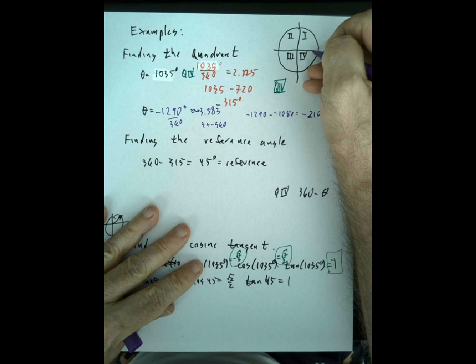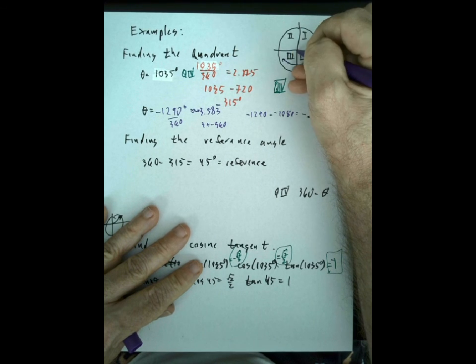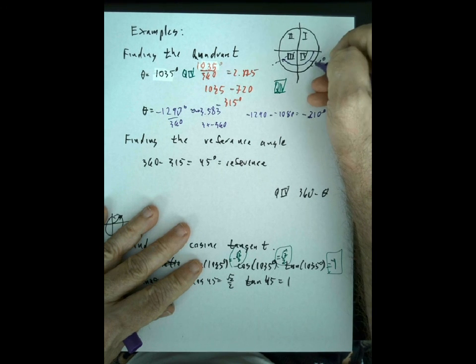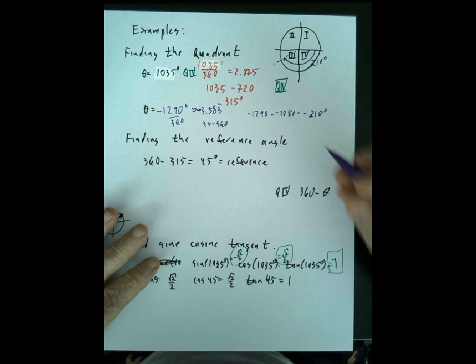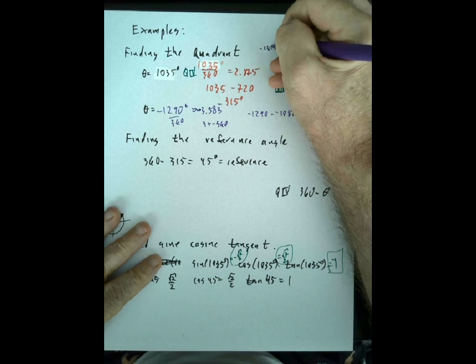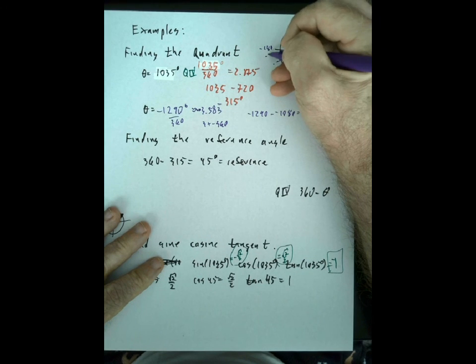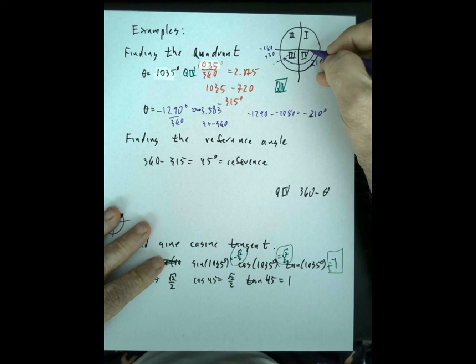Well, that's 210 degrees this way, you understand. That's 210 backwards. And you can visualize that that would be negative 180, and so maybe you can see that that's going to be 30 degrees there.